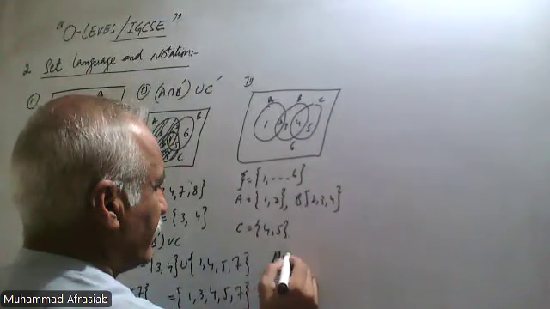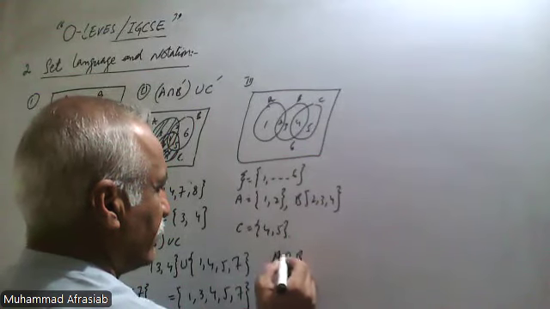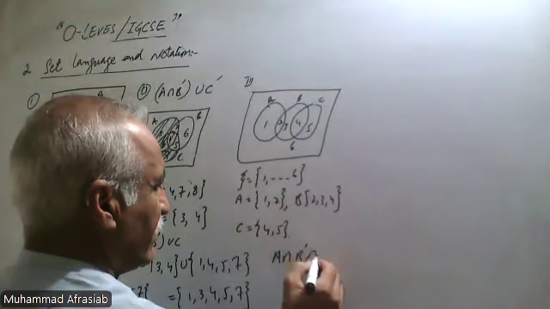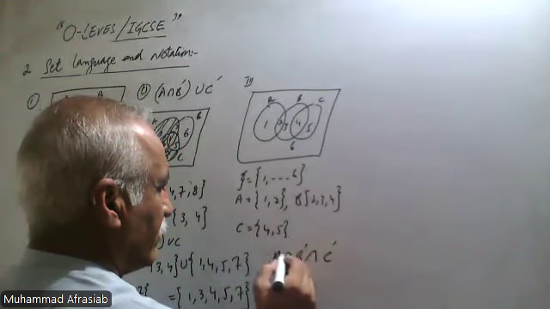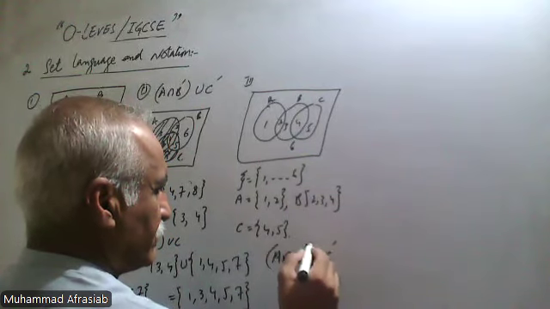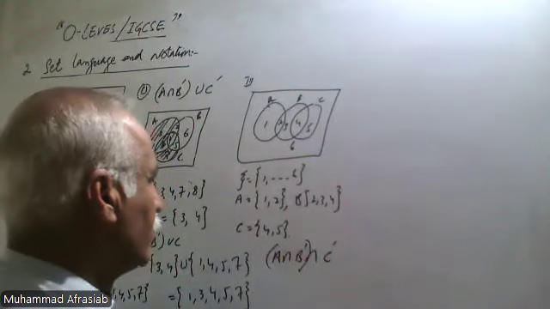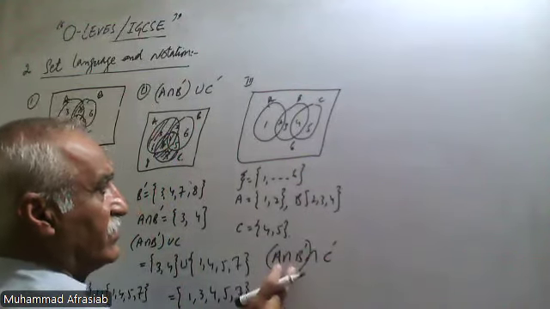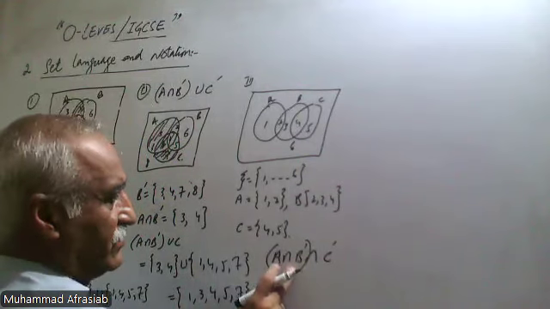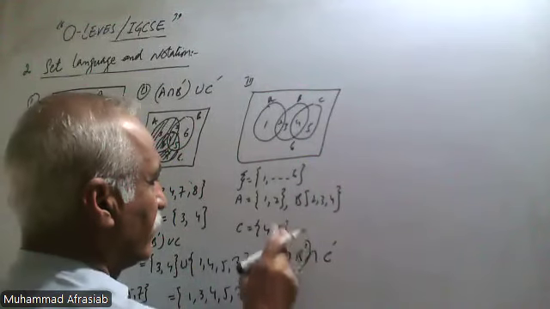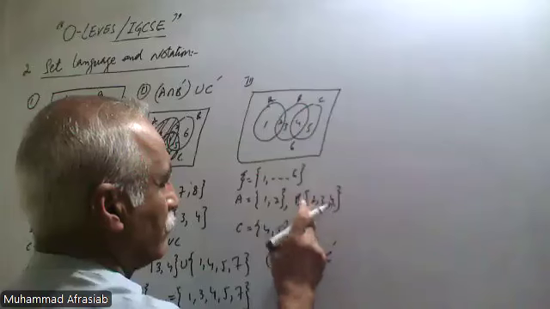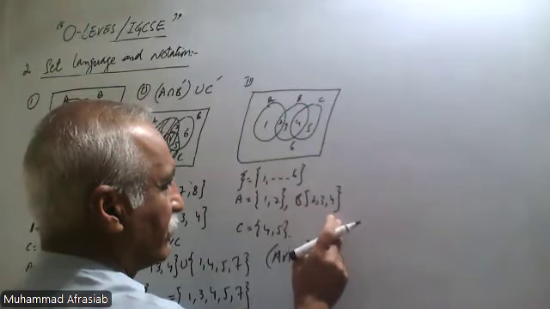And you have to represent A intersection B complement intersection C complement. So A intersection B complement means only A. Here A is 1, 2, B is 2, 3, 4.